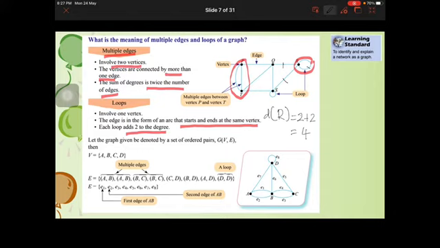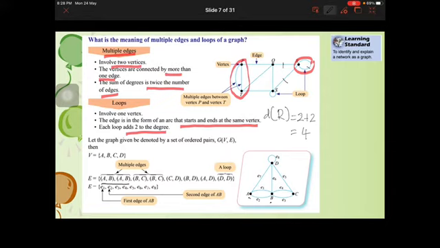Now let the given graph be denoted by a set of ordered pairs again. V equals A, B, C, D, and then E, the pairs of vertices, like given in the diagram. AB, AB: we have 2 AB here because we have multiple edges.